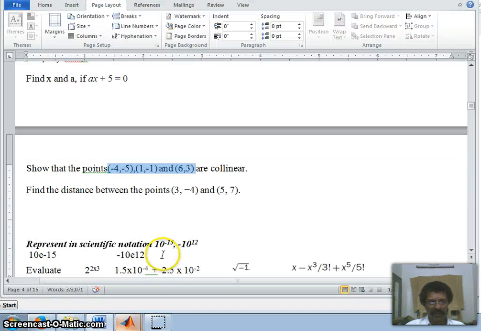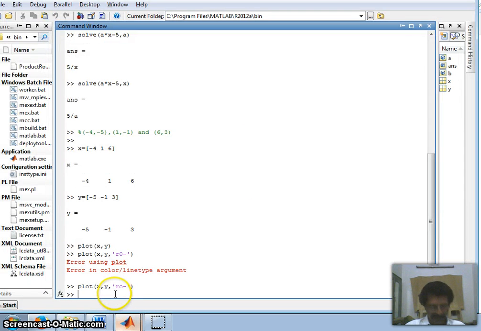So the last one, as the time is very short: find the distance between 3 comma minus 4 and 5 comma 7. From our elementary level we know the distance formula.